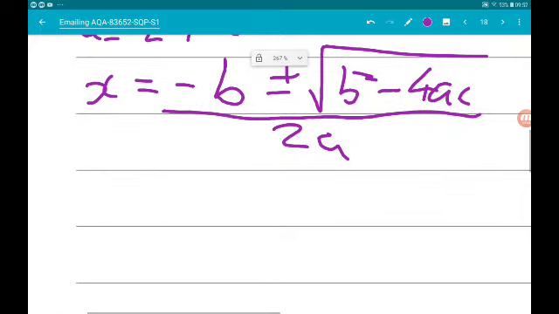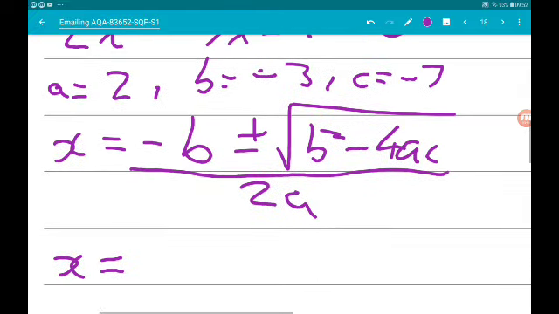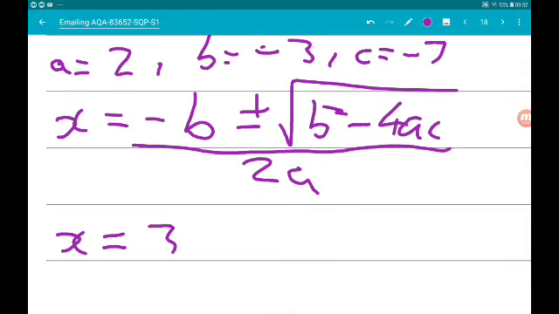So we get x is minus 3, it's positive 3, plus or minus 3 squared is 9.